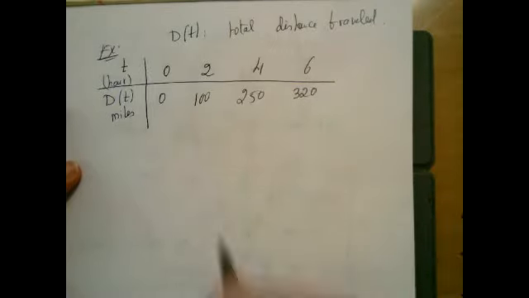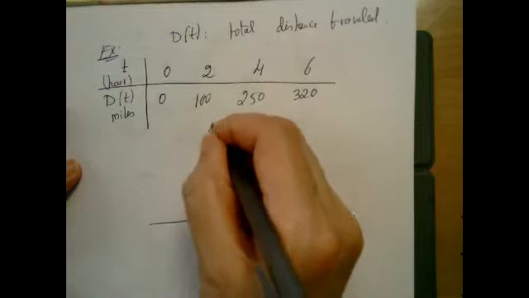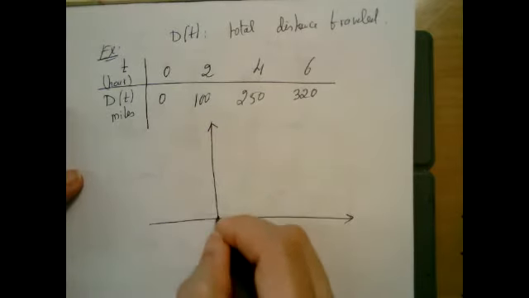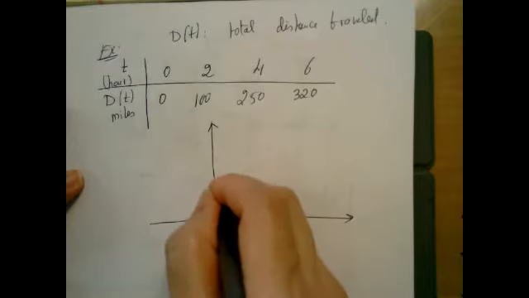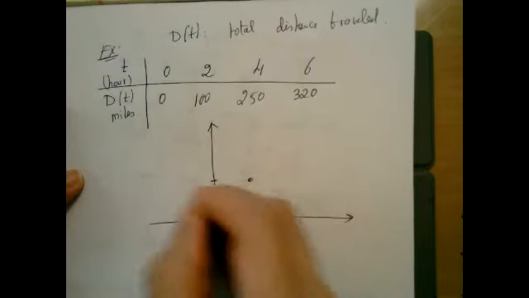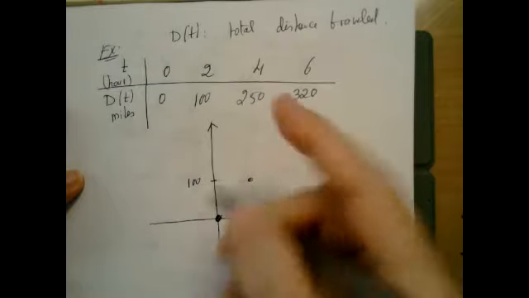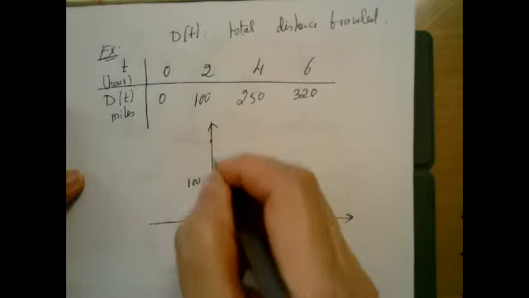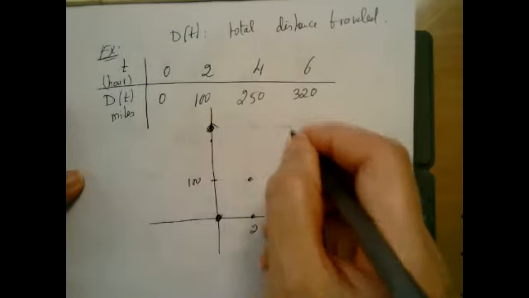All right. So we graph it a little bit using the data we have. At 0, I am at 0. At 2, we are at 100. So let us say this is 100. At 4, we went all the way up to 250, so it should be somewhere in here.